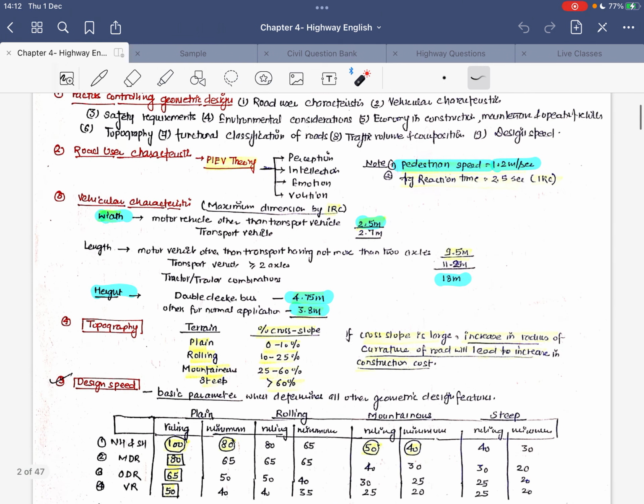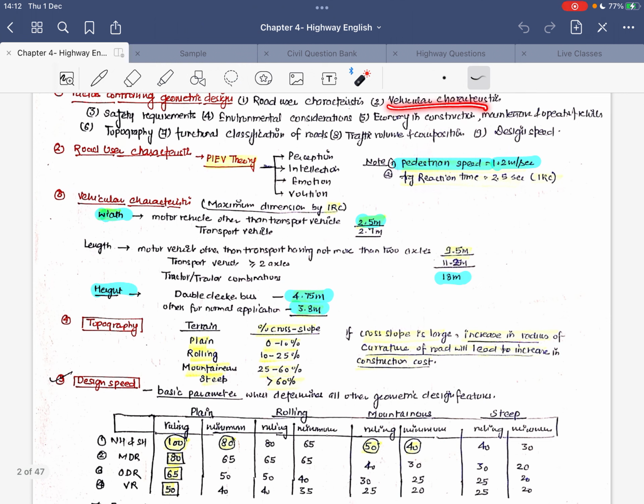Now talking about the vehicular characteristics. What are the maximum dimensions recommended by IRC? If you look at the width, the important data which you have to remember I have highlighted in these notes. You can go through the notes and learn the highlighted values. The width of a motor vehicle other than a transport vehicle is 2.5 meter, and for a transport vehicle it is 2.7 meter.